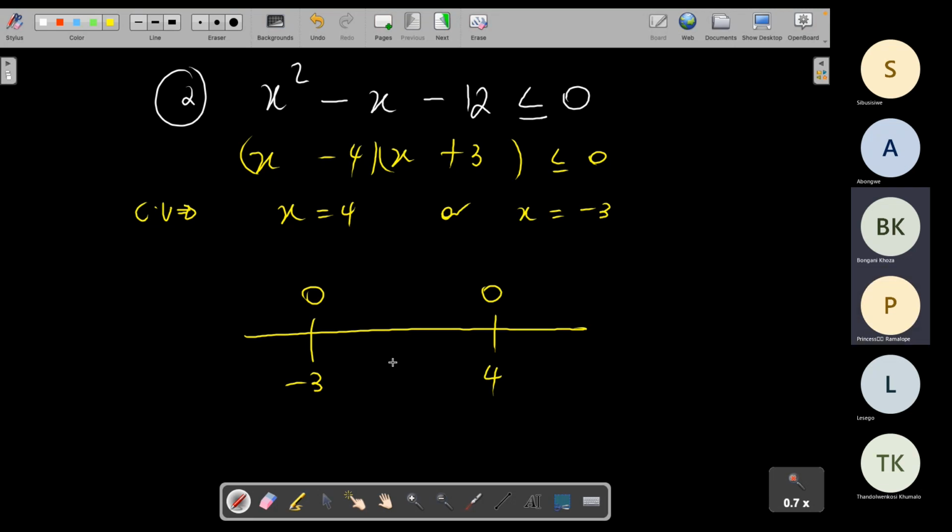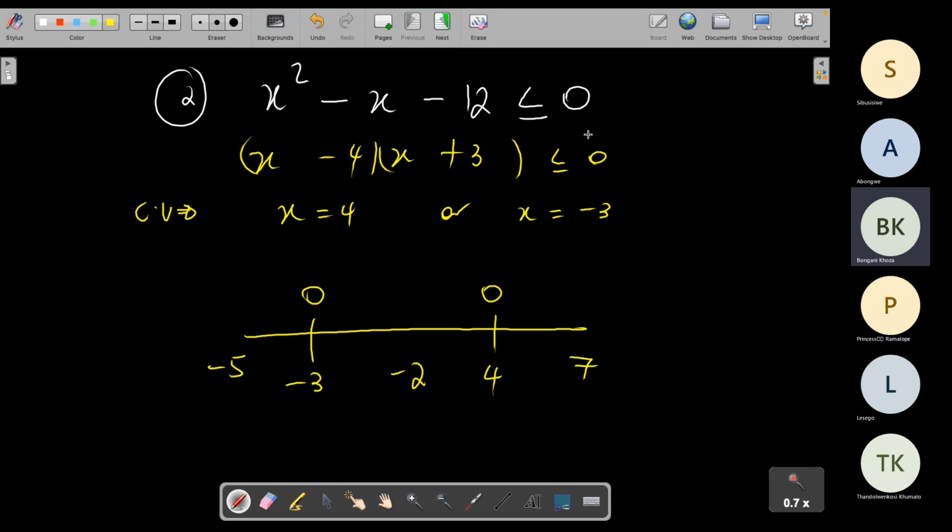I want a number from -3 going to the left-hand side. Which number did you get? -5. And in between here, which number? -2. And from here and above? 7.